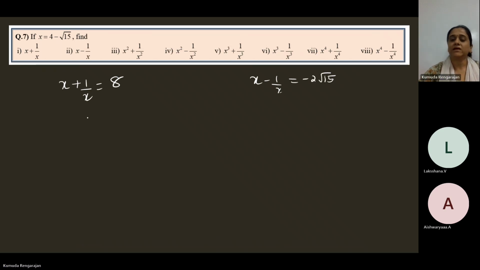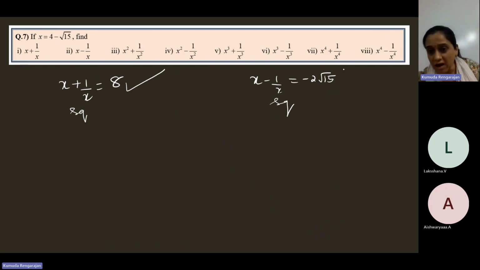Now we understood that to get the value of x squared plus 1 by x squared, you can square this equation on both sides. But to get the value of x cubed plus 1 by x cubed, you have to cube this equation on both sides.